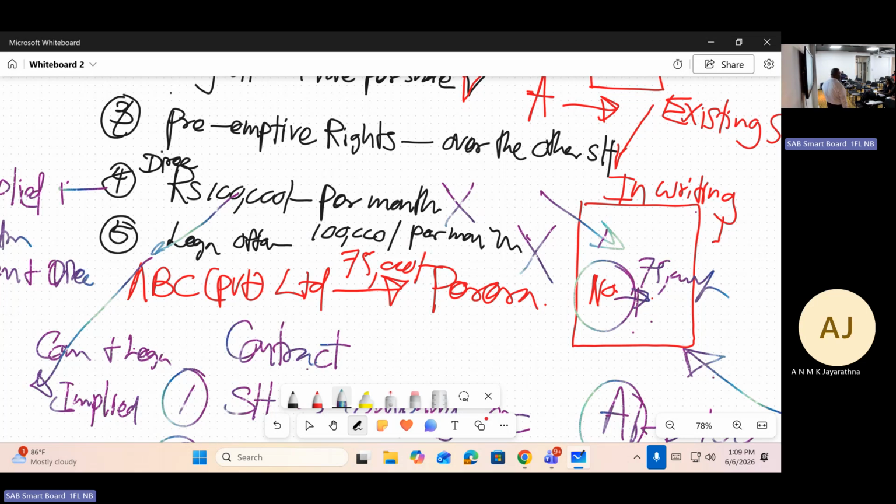In writing, it is agreed by the parties. Express terms are agreed by the parties in writing or orally. So the director and the company both agree salary payable as 75,000. There is nothing to imply. It is already expressly agreed by the parties. That is the legal effect of provisions.